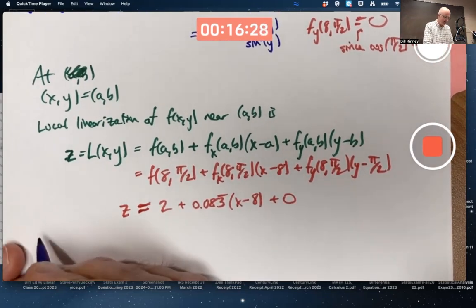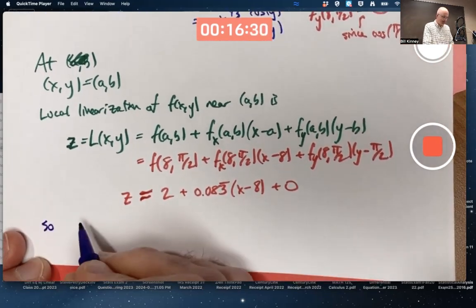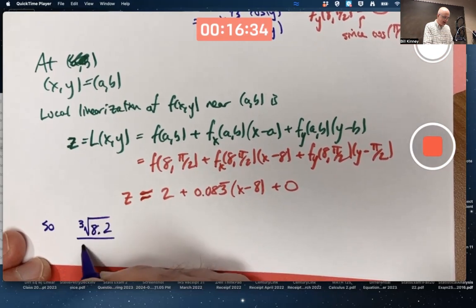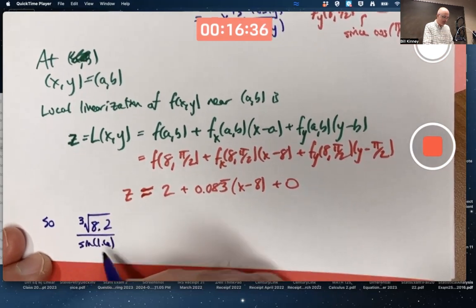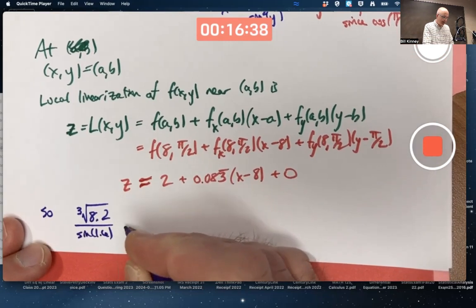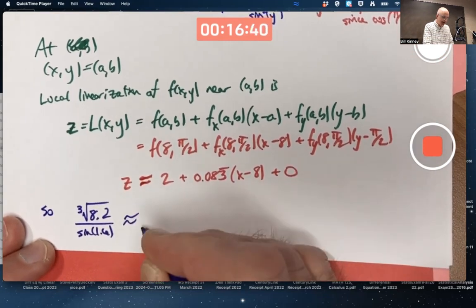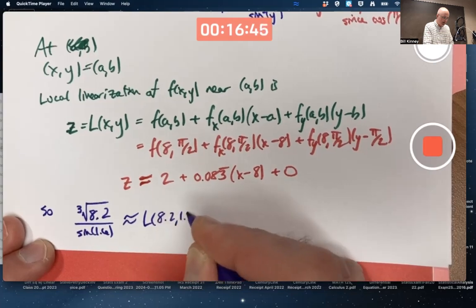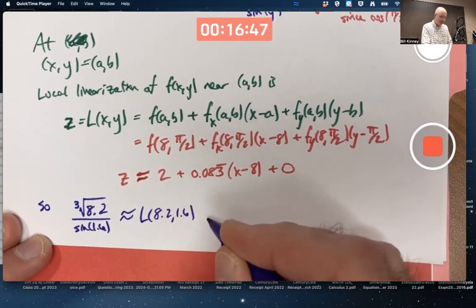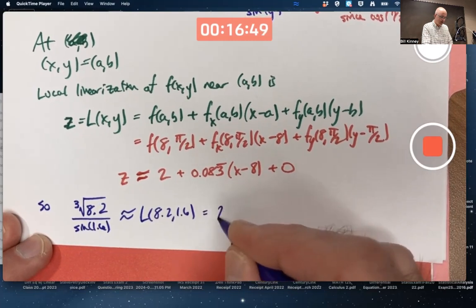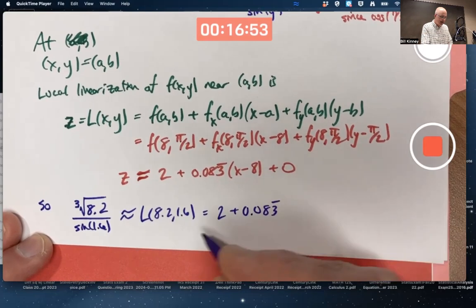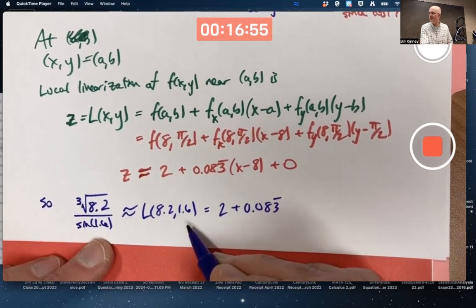So, to get off the desert island, cube root of 8.2 divided by sine of 1.6 is approximately L of 8.2 comma 1.6: 2 plus 0.083 repeating. I don't even need to do 1.6 minus pi over 2.